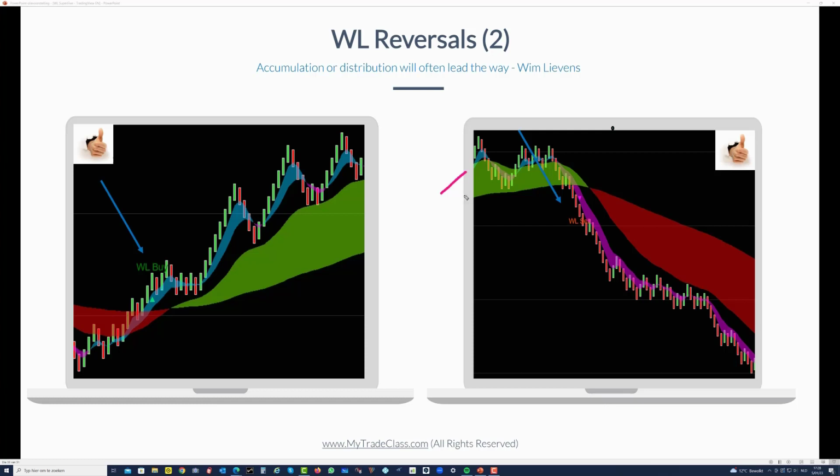Now, when we see this, and it's very difficult to show this on the screen, but let's say before here, we'll show this on this. Let's say before there used to be a very wide red area here. And then you have this green area here, which is considerably smaller than this. Then we trade the reversals.